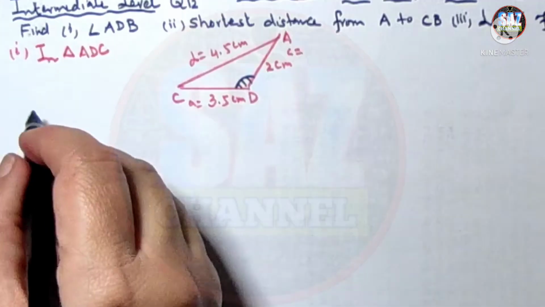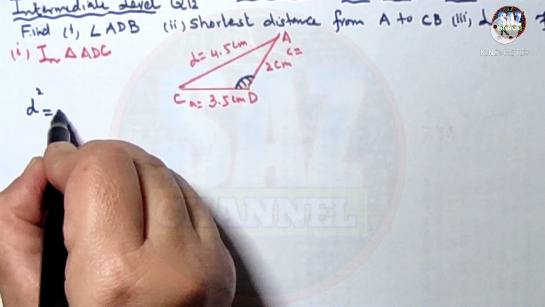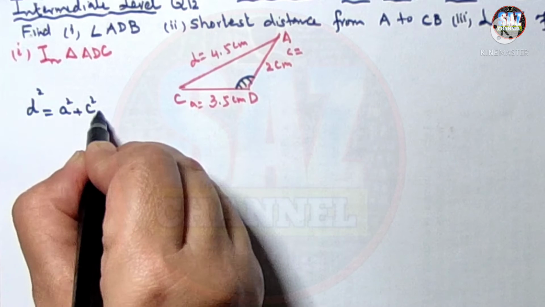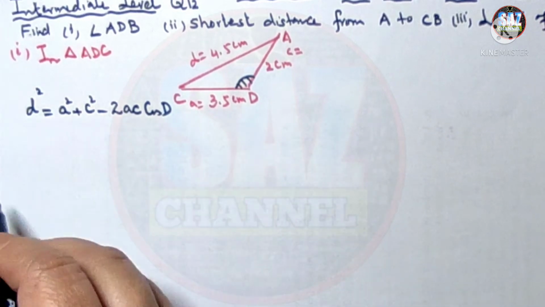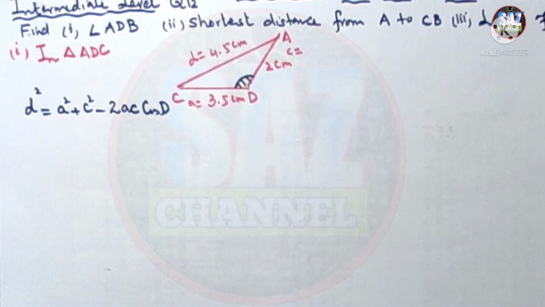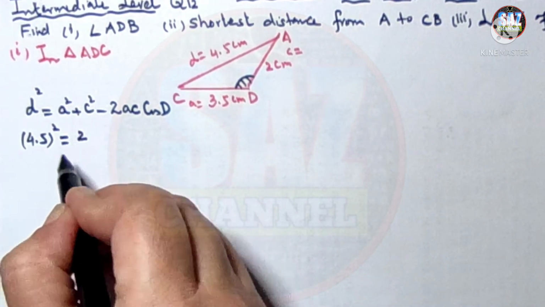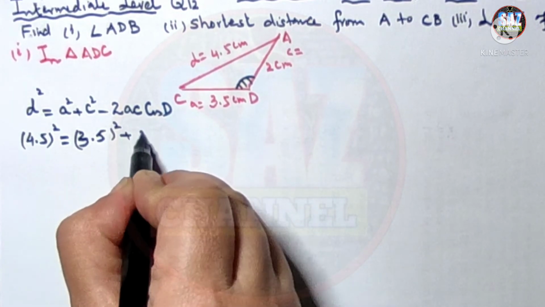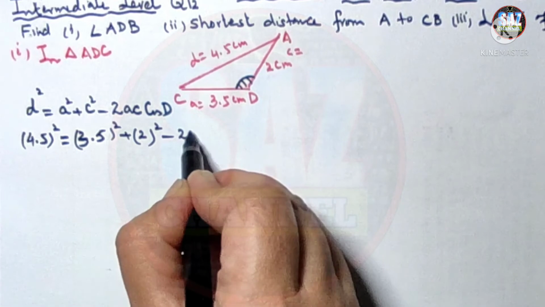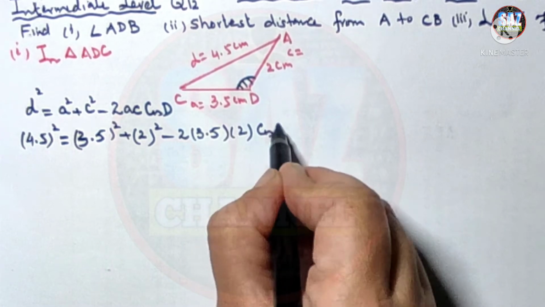So we are going to write the cosine law, that d square equals a square plus c square minus 2ac cos of angle D. Now d has a value 4.5, yes, 4.5 square equals 3.5 square plus 2 square minus 2 into 3.5 into 2 and cos of angle D.